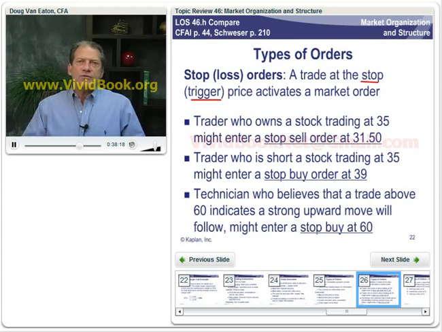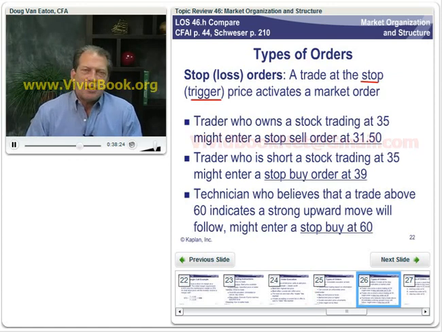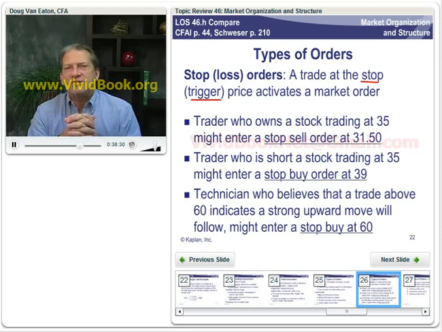So let's say we've got a trader who owns a stock, it's trading at 35, and he says, well, I think I'm right about this stock, but I could be wrong, and if I'm wrong, I want to cut my losses and get the heck out. So I'm going to put in a stop order to sell at 31.50.